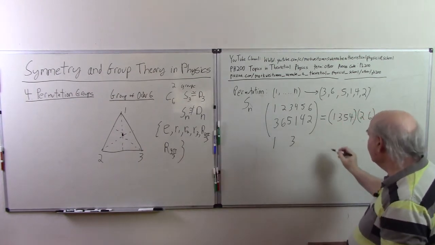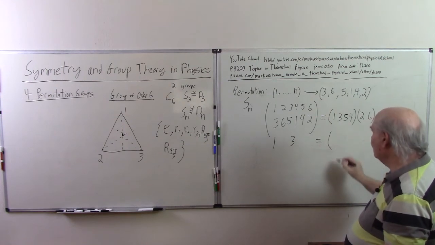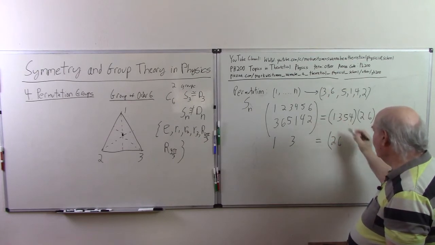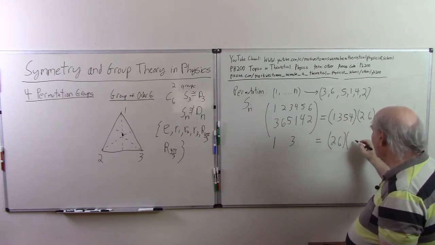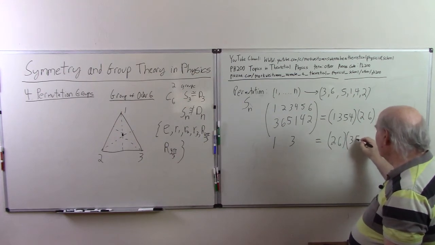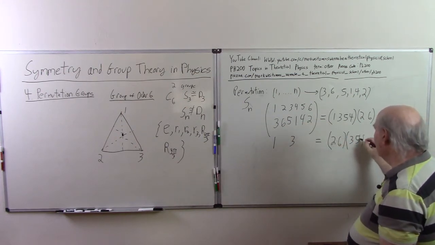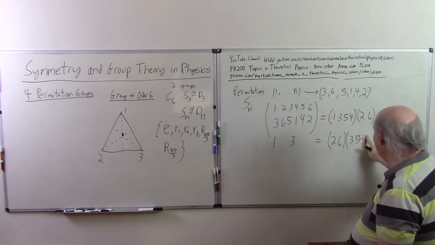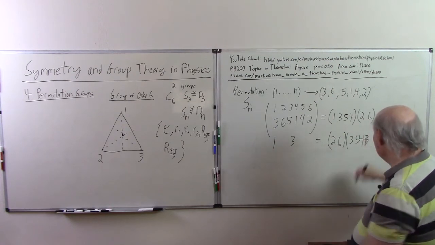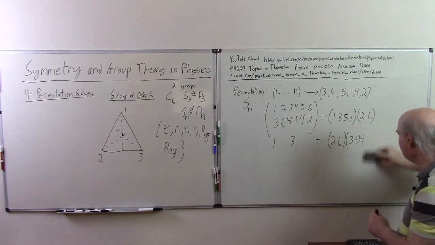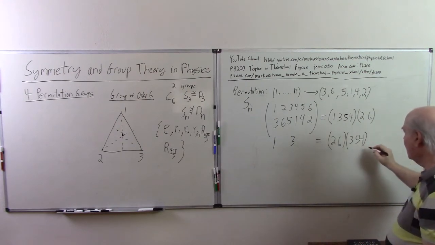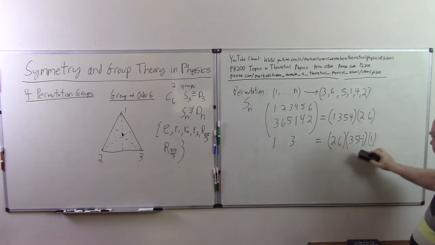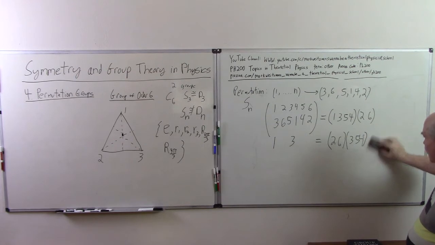Then the way we would write that is 2 goes to 6, 6 goes to 2, 3 goes to 5, 5 goes to 4, 4 goes to 3. We already have 3 in there. And then we have 1 goes to 1. Usually we don't display the 1 cycles. It's just understood. If you don't see the number in here, it's the same.